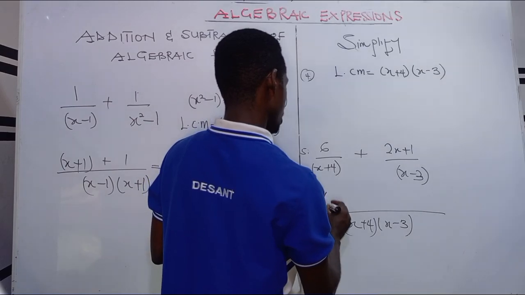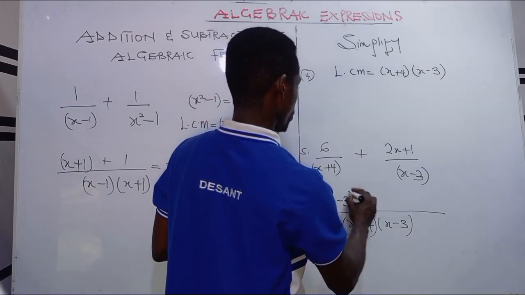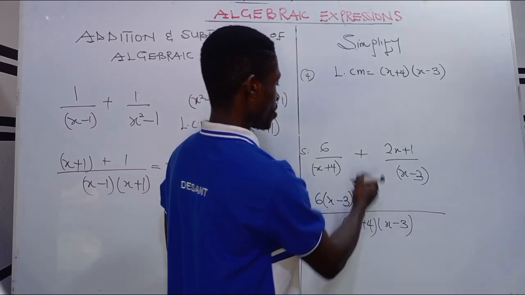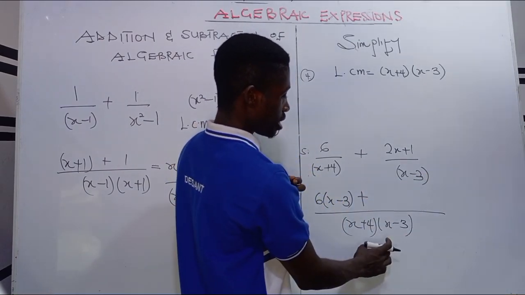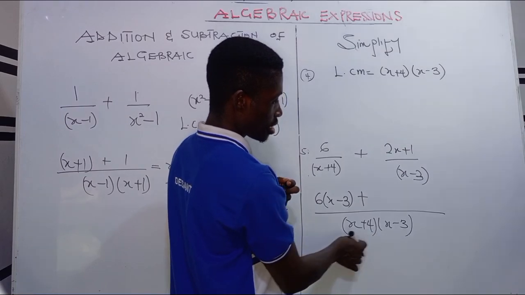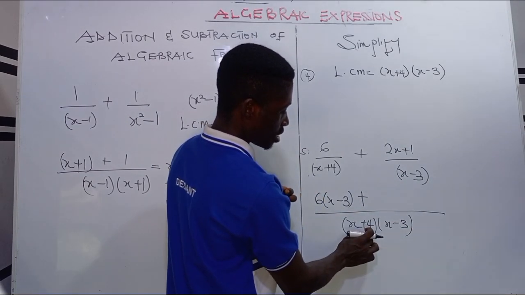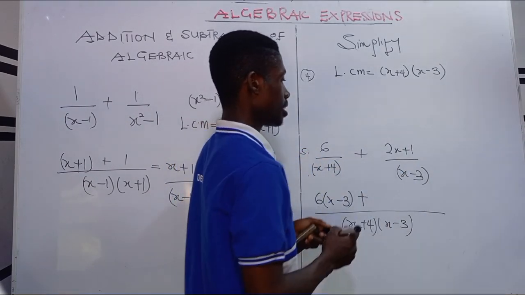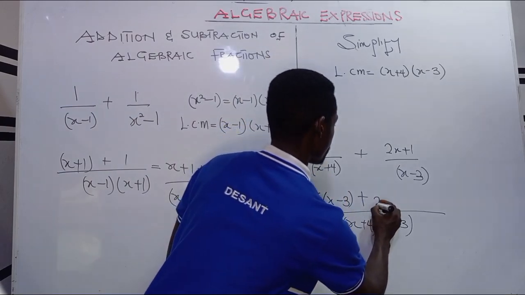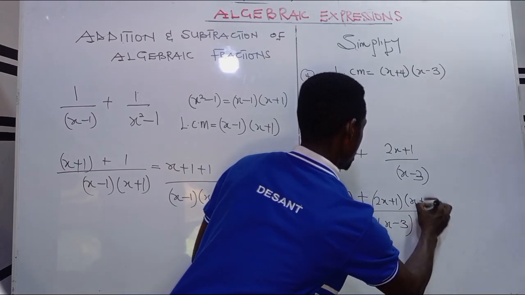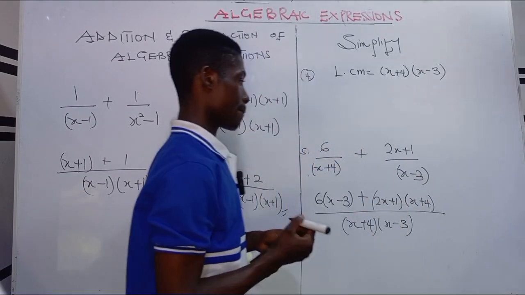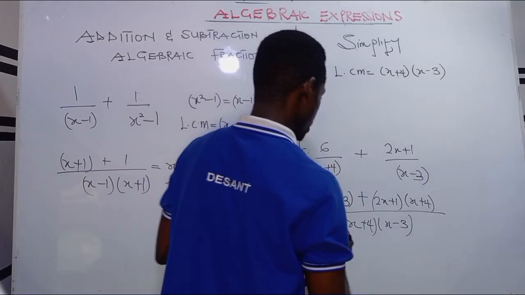So we have 6, x minus 3. Then we have our addition sign. x minus 3 into the LCM, we are getting this. This will cancel this, we are left with this. So this multiplying the numerator, we have 2x plus 1 multiplying x plus 4. Then after that, we expand and simplify.